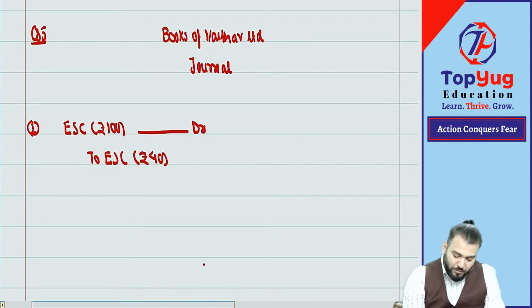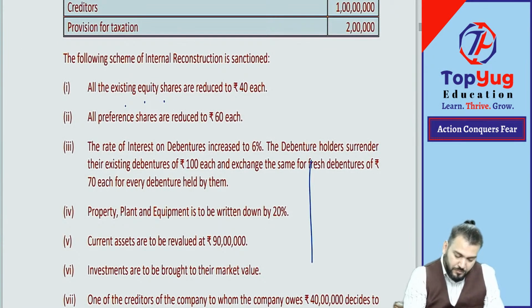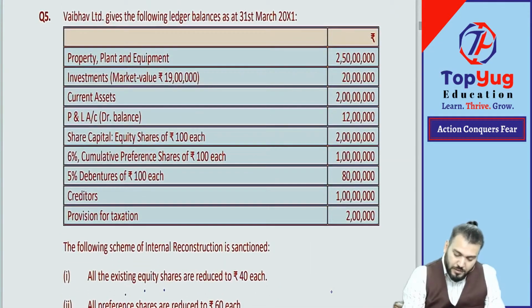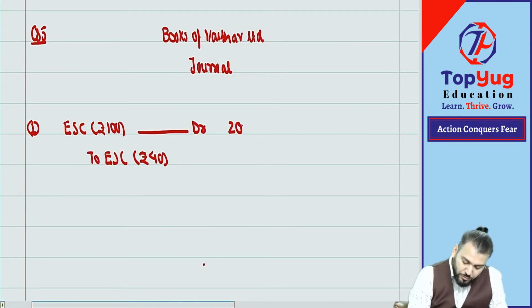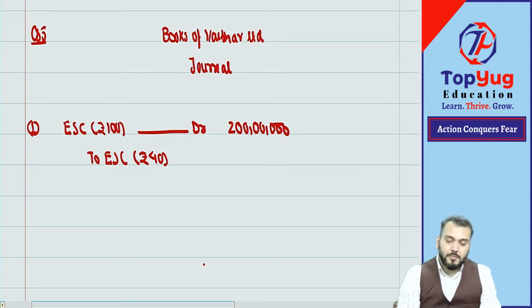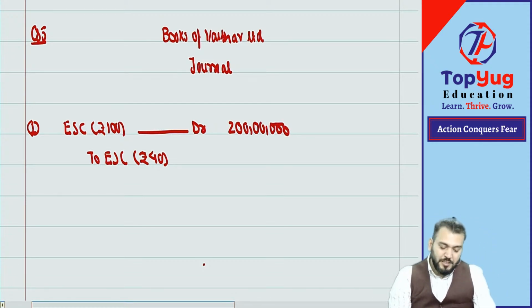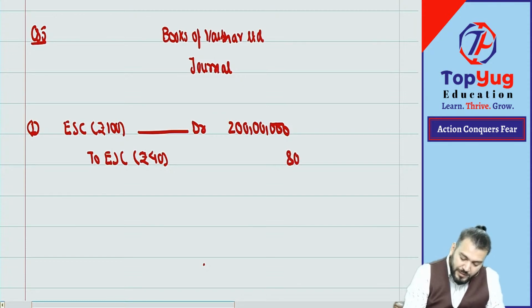So how much is the amount? It is 2 crore. So it is 2 crore, which becomes how much? 80 lakh. Very good.